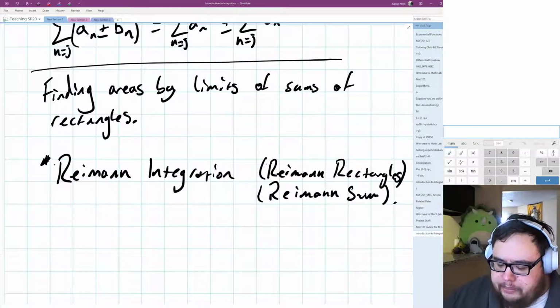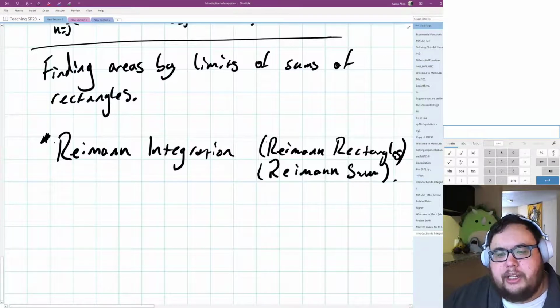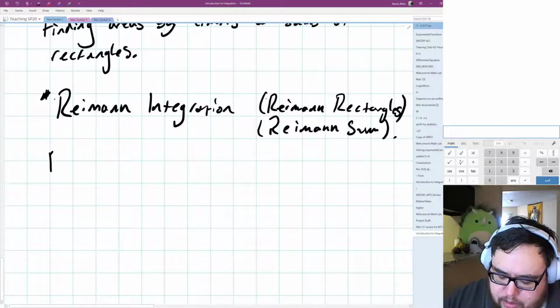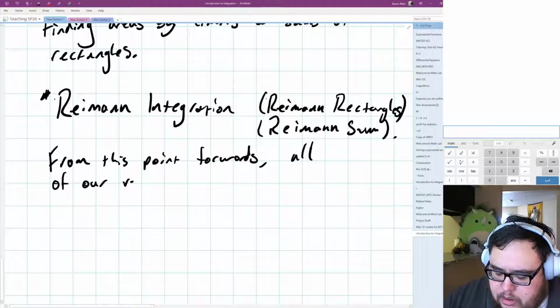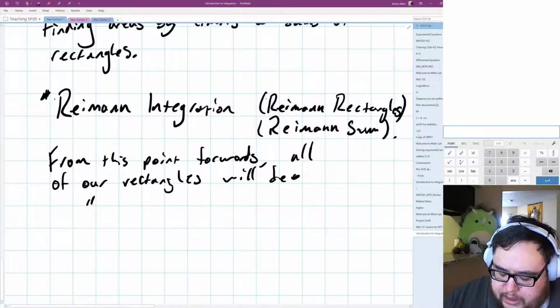Okay. Riemann integration is essentially this idea that we're taking rectangles, and there's a lot of different ways to parameterize the rectangles. So for us, from this point forward, all of our rectangles will be right-hand rectangles.